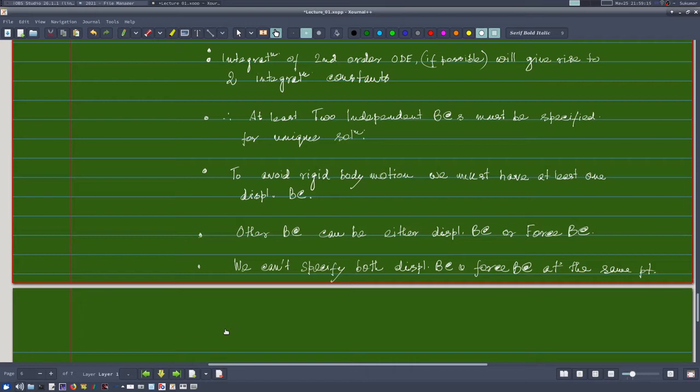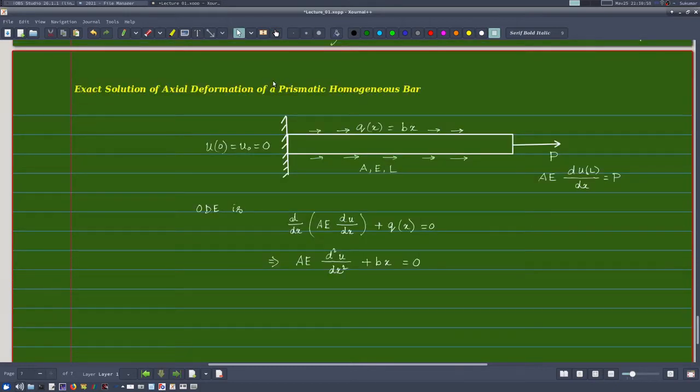Of a uniform, homogeneous bar. So now let us take up the exact solution of a prismatic bar under axial deformation.